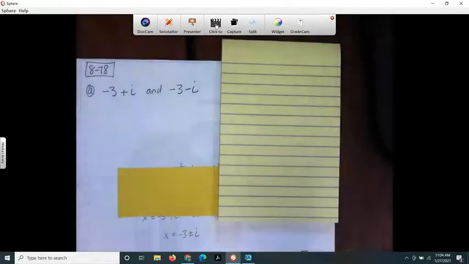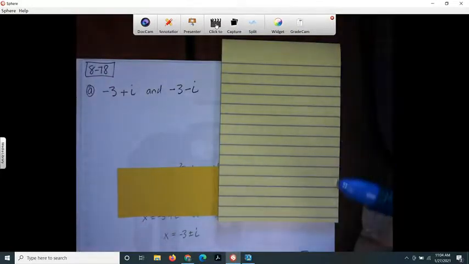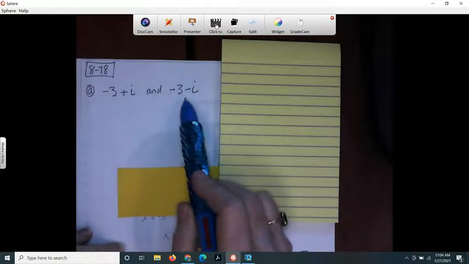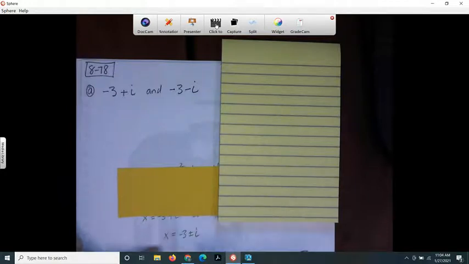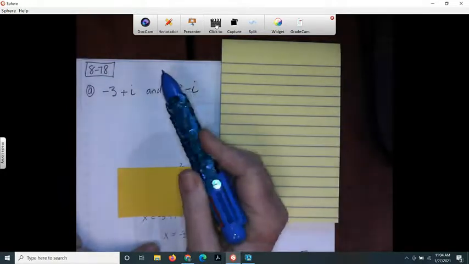So we know that probably came out of the quadratic formula. That was probably a quadratic, a parabola, and you couldn't factor it, so you had to use the quadratic formula, and you got that plus or minus i thing on there. If these are the two roots, we know they're complex because of the i's, and I'm going to start at the bottom and work my way back up to the equation that these probably came from.